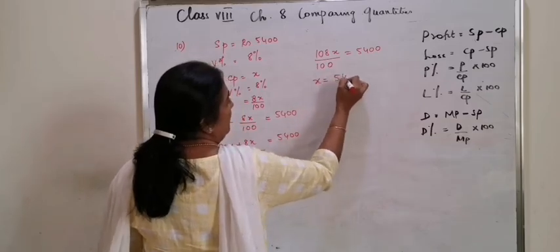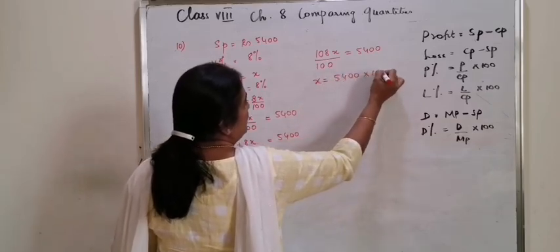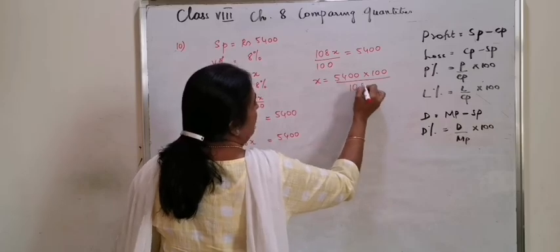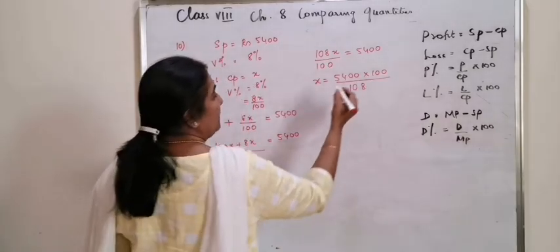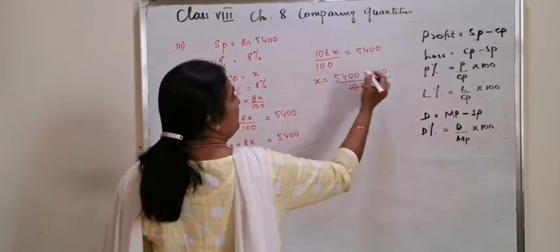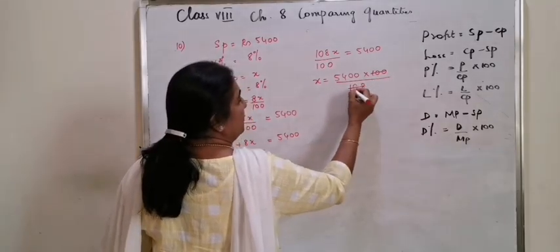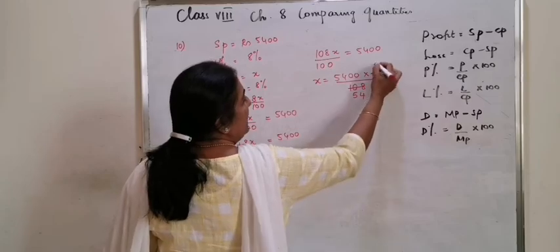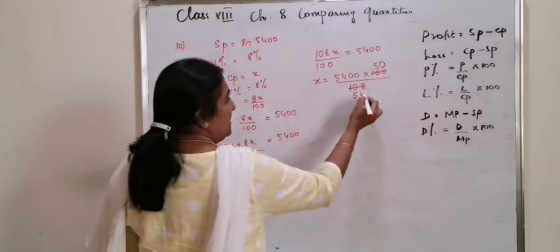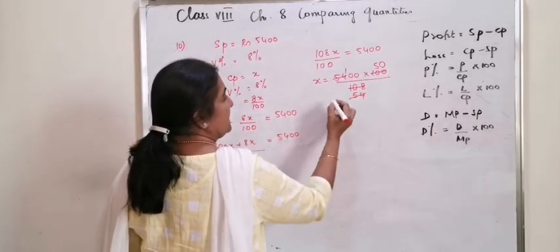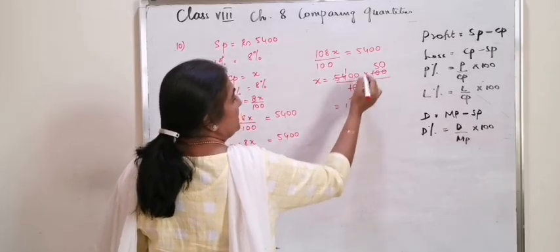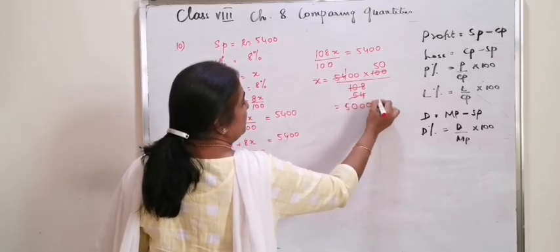X is equal to 5400 into 100 by 108. So if you divide by 2 two times, it gives you 54 and this is 50. So this 54 gets cancelled here, and it is 5000 rupees.